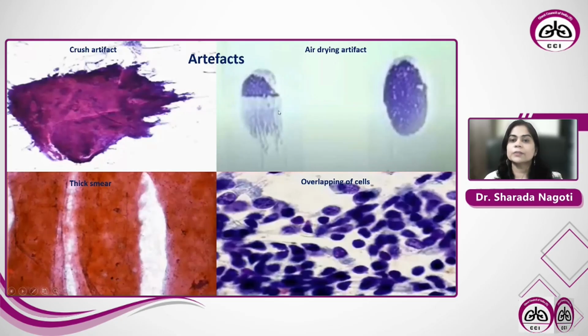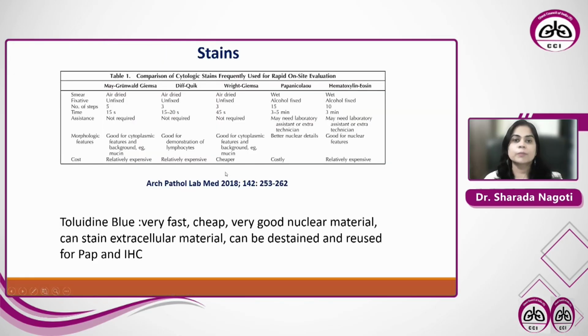This artifact happens when the smears are not immediately fixed in the alcohol fixative. And this is a thick smear, which happens when too much material is taken onto the glass slide. Overlapping of the cells also happens when there is too much material. So only an adequate minimal amount of material has to be taken onto the glass slide and a smear has to be made.